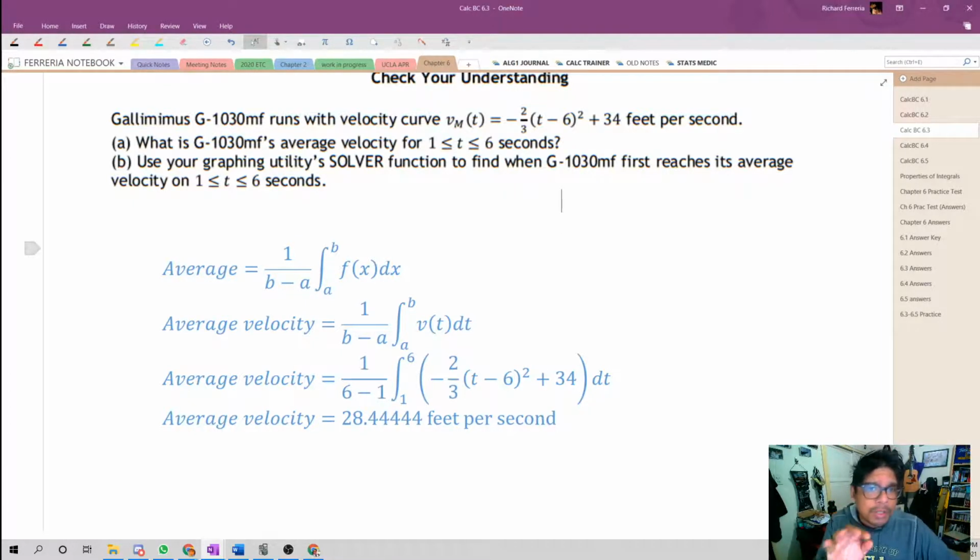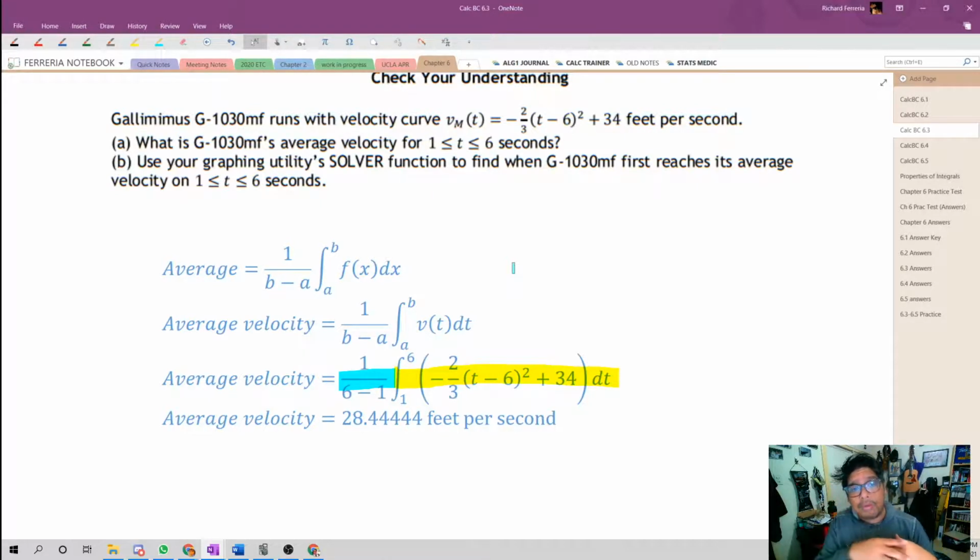Now, as far as the units go, the average velocity is always going to have the same units as the velocity. Just to kind of go a little nerdy on you, the integral is going to be in terms of feet. As we learned before, if we integrate feet per second, then the result will be feet. 1 over 6 minus 1, that's going to be 1 over a unit in seconds.